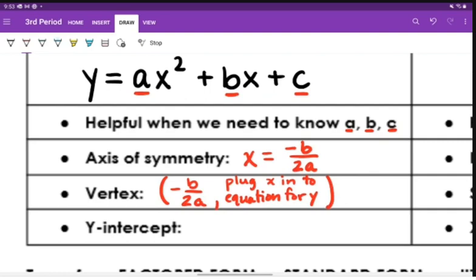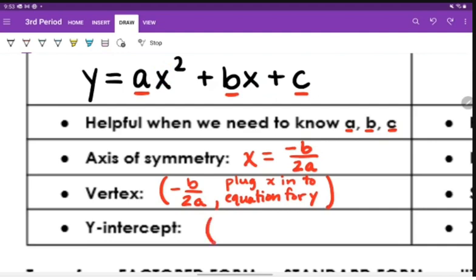Well, if we put 0 in for x here and 0 in for x here, then we end up with 0 plus 0 plus c. So our y-intercept is always just c. Our y-intercept is that number that's down there at the end.